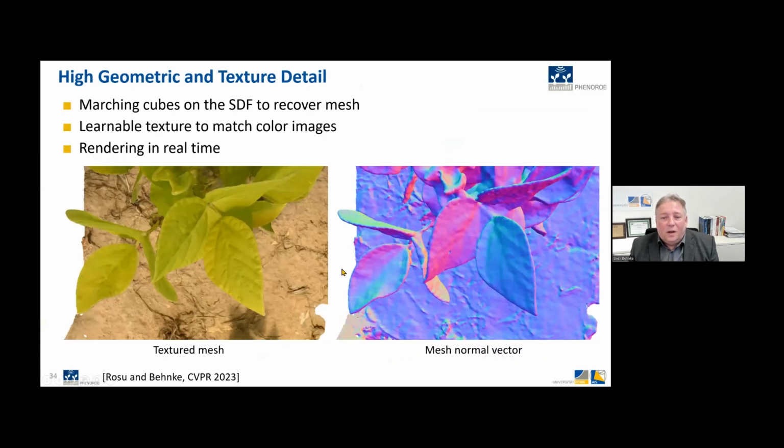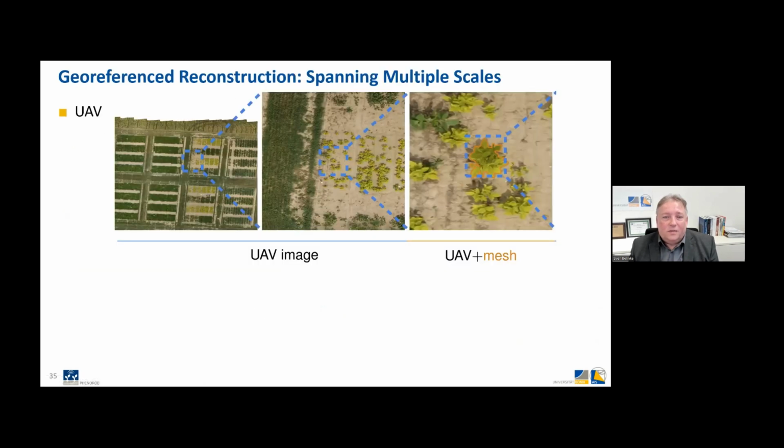If we want to convert such an implicit representation to an explicit representation that can be handled by any computer graphics pipeline, we can apply the marching cubes algorithm to this signed distance function to find the zero crossing and recover a mesh. And we can then texture that mesh and optimize the colors to match the colors that we measured, so that we have a textured mesh that can be rendered in real time with any computer graphics pipeline.